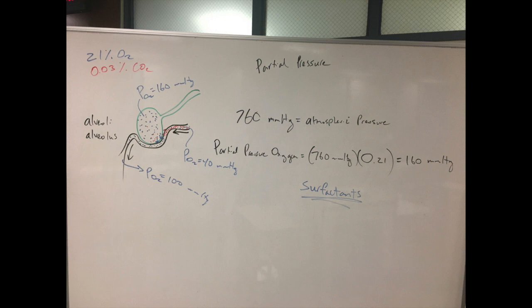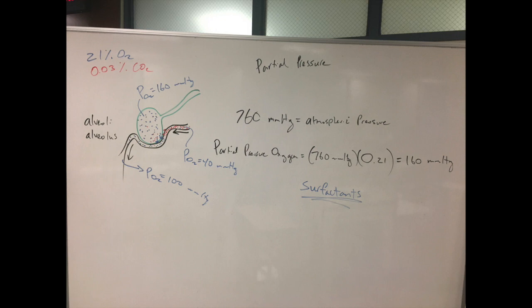And so that's pretty easy. The 760 is atmospheric pressure, and that just told us how much of the pressure is exerted by oxygen.